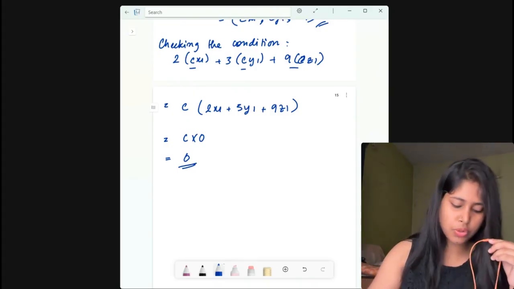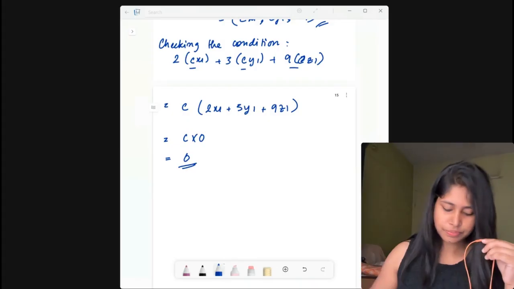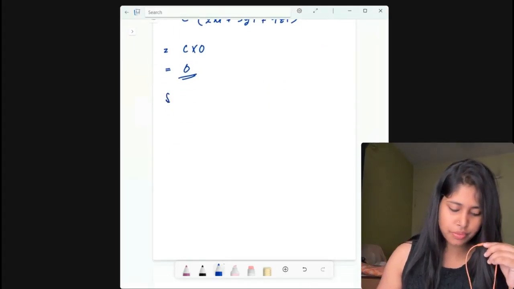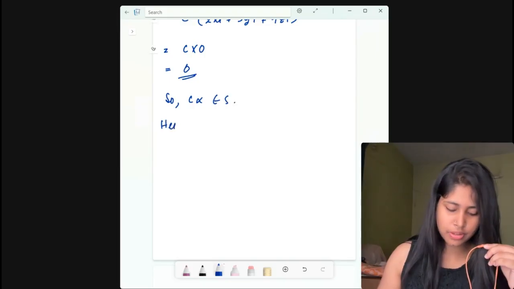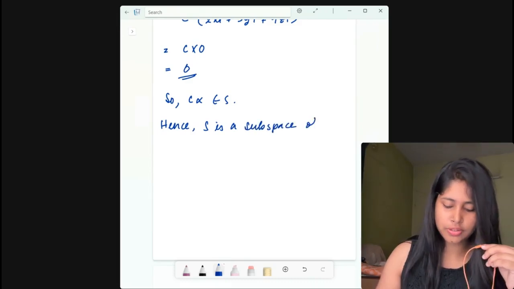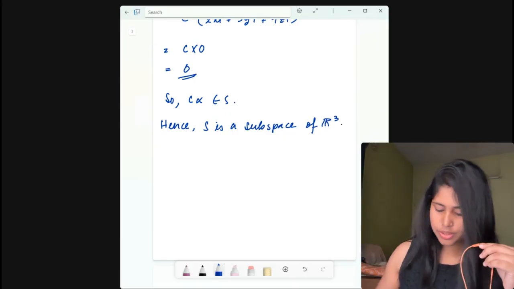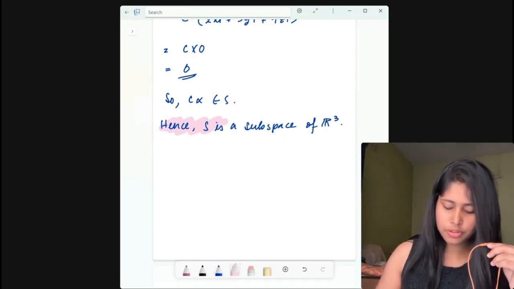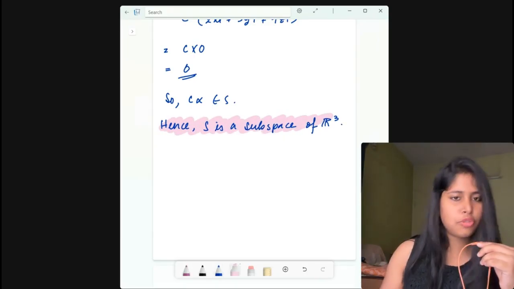You also have to write it like so: c into alpha belongs to S, hence S is a subspace of R3.